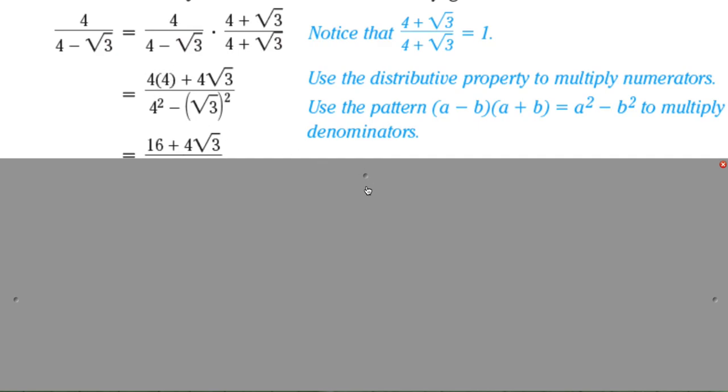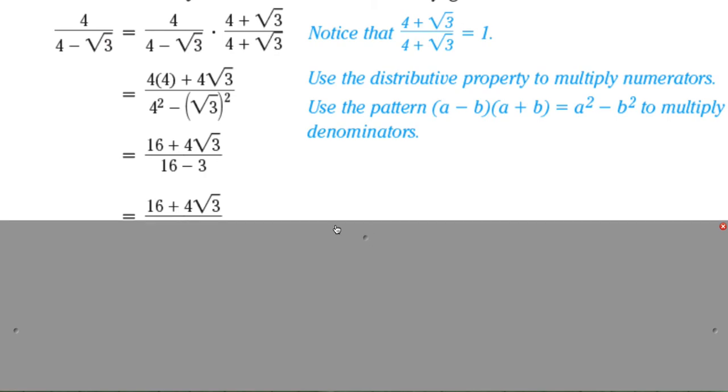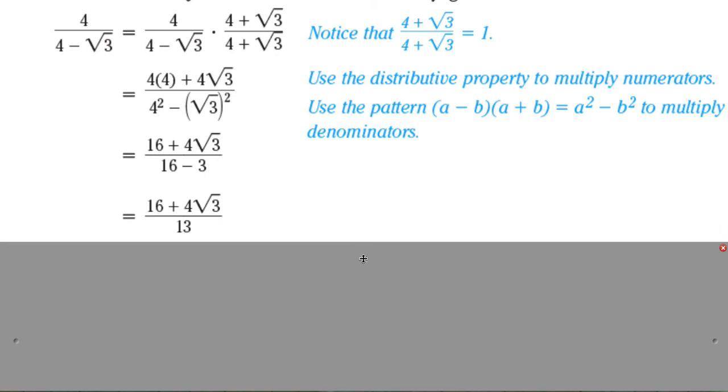We simplified 4 times 4. And then the denominator becomes 16 minus 3, because radical 3 squared is 3. So you end up with 16 plus 4 radical 3 all over 13. Okay? And that is how you rationalize your denominator, by using conjugates.